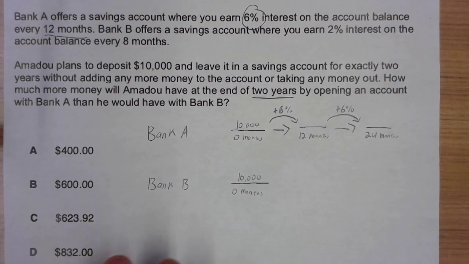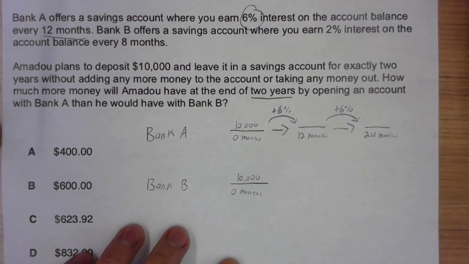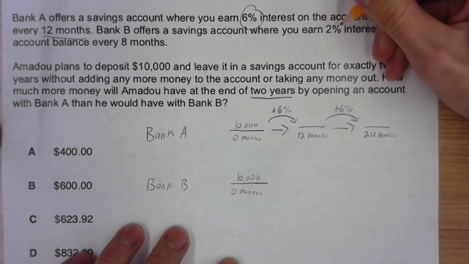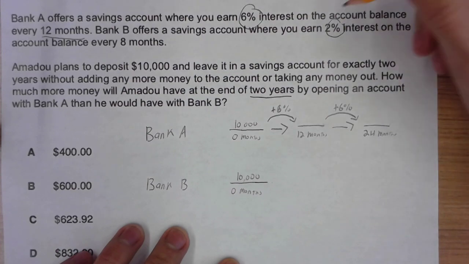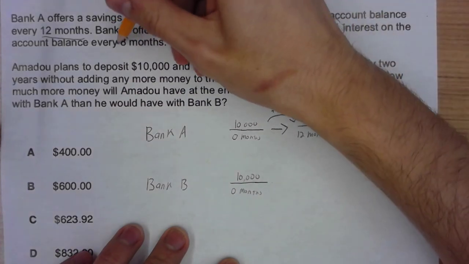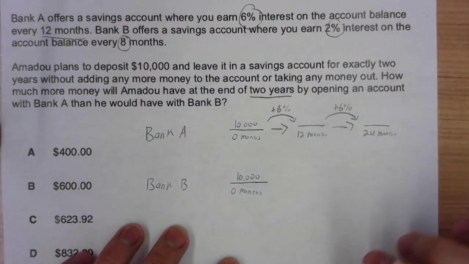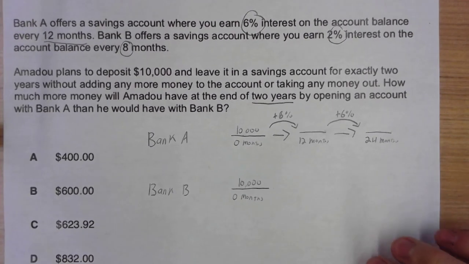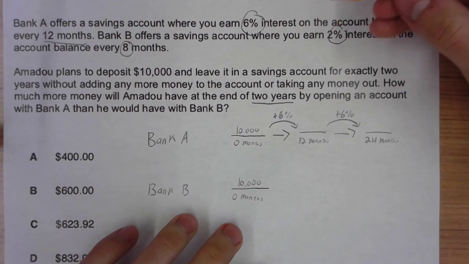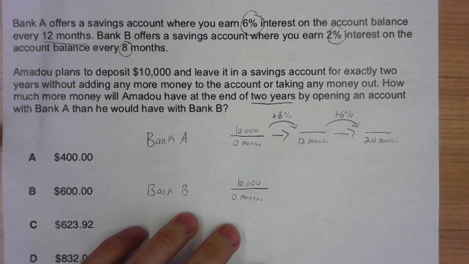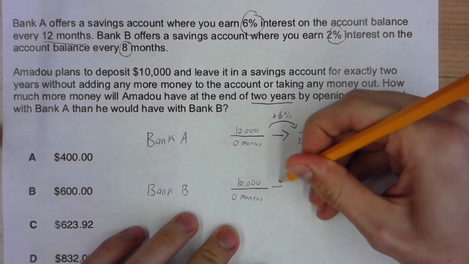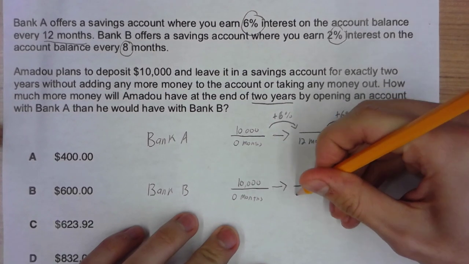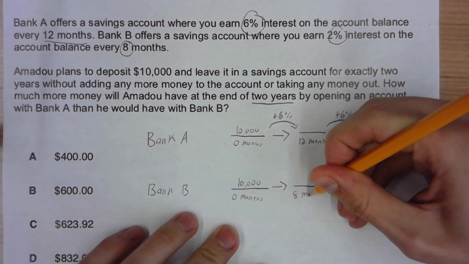So what is happening in Bank B? In Bank B, we have a 2% interest rate, and that is being accumulated every 8 months, which is different than the 12 months. Something you have to keep in mind, really important that you are reading along with the problem properly. And this is also happening over that same 2 years. So, our first stop on the roadmap is 8 months later.